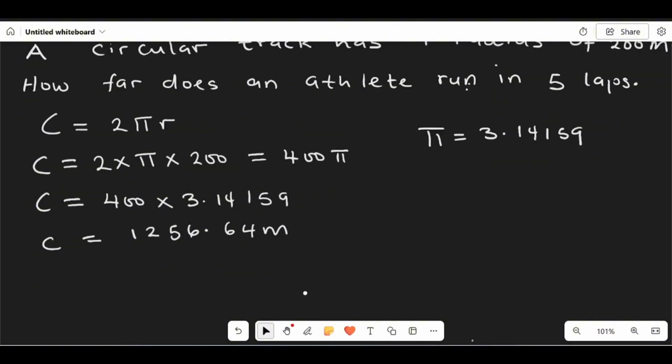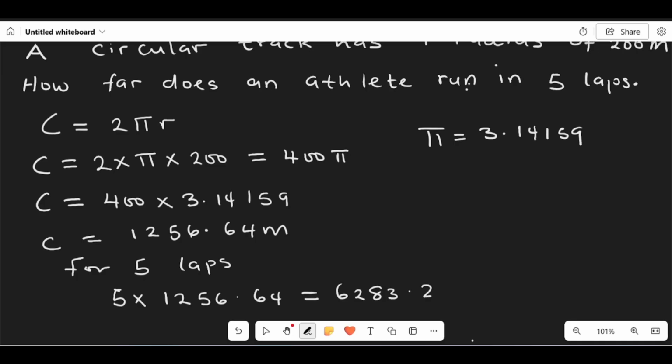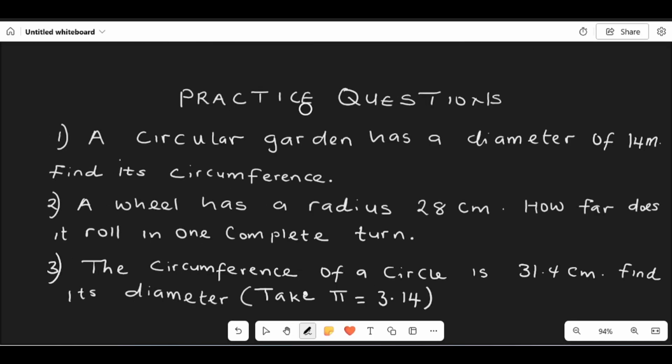For 5 laps, 5 multiplied by 1256.64, which equal to 6283.2 meter.